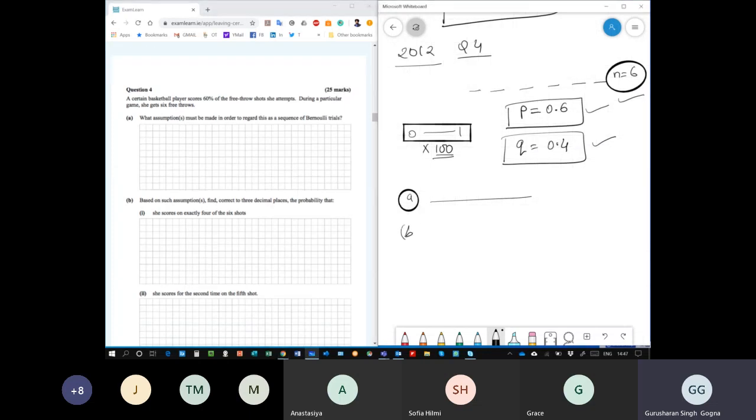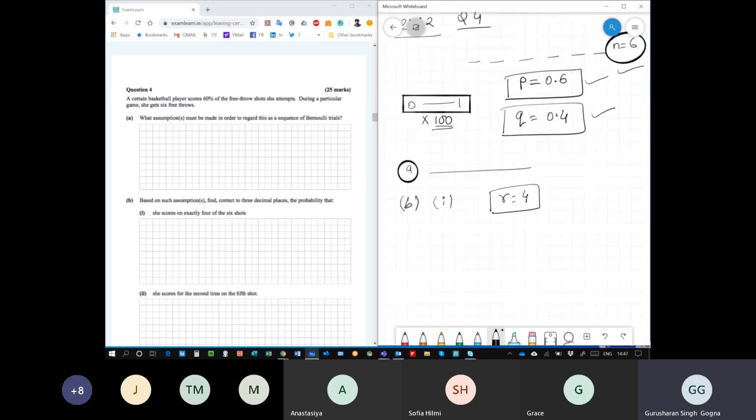Now, part B. Based on such assumption, find, correct to 3 decimal places, the probability that she scores on exactly 4 of the 6 shots. So what they want is success 4 times out of 6 attempts.